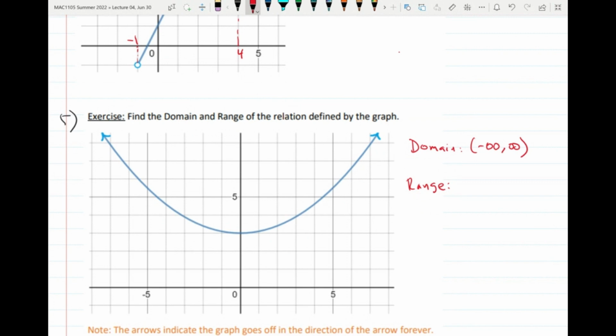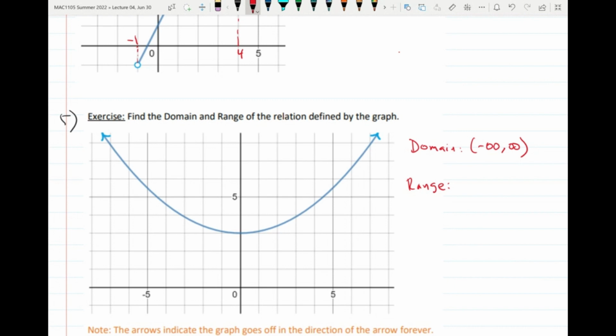Good. How about the range? What's the range? Okay, let's see. 3 is part of the range because this point right here, y equals 3. But is that just okay? Exactly. So notice that if you look at this picture, what is the shadow of this graph when you project it onto the y-axis? Anything above 3 will have a point on this graph.